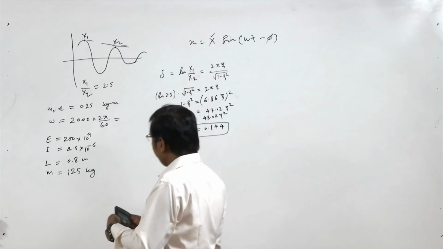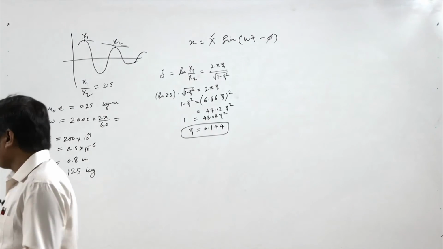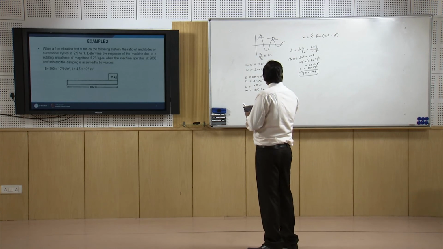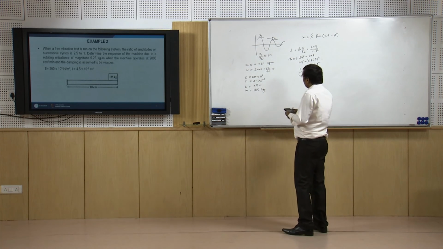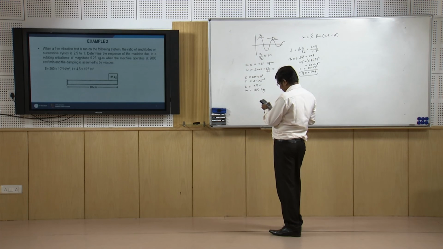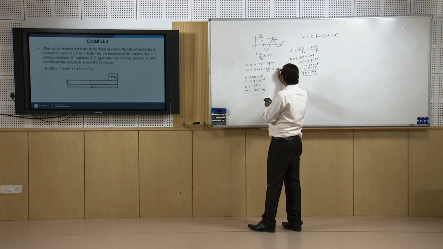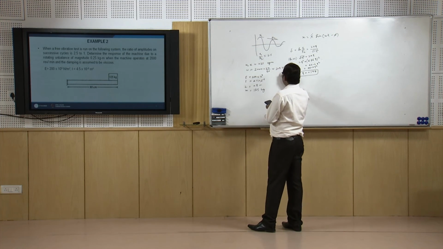So we get from here the damping ratio, that is 0.144, and we calculate omega. So omega is 209.44 radian per second.